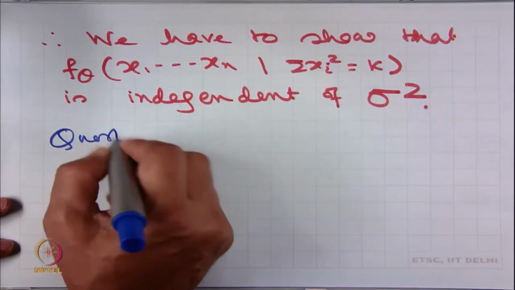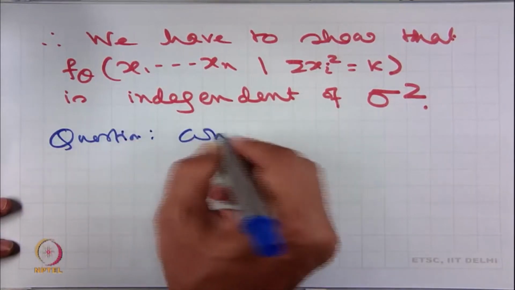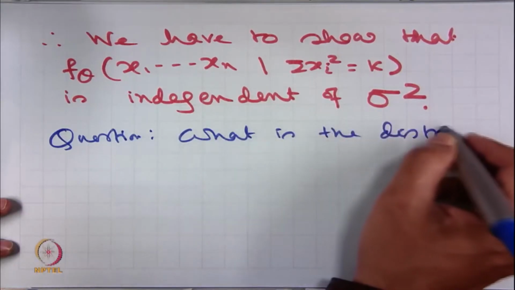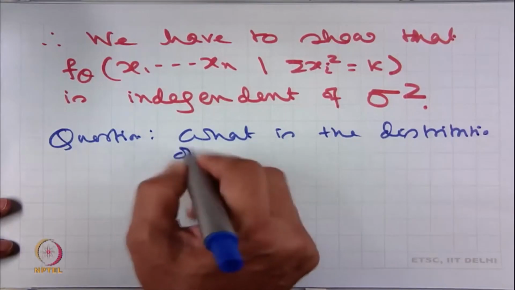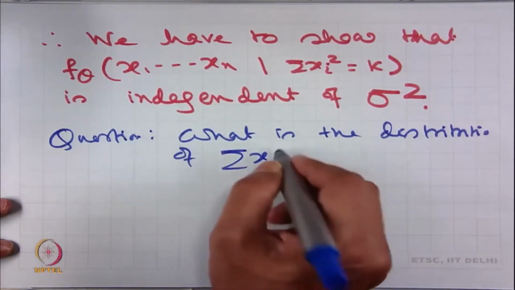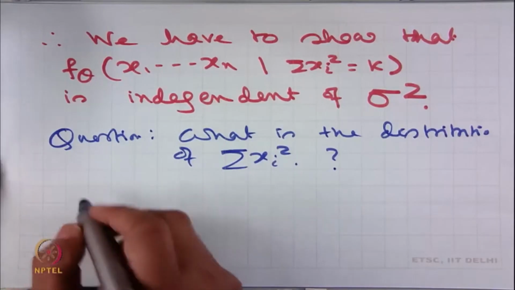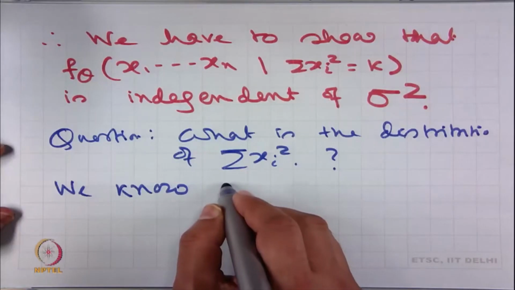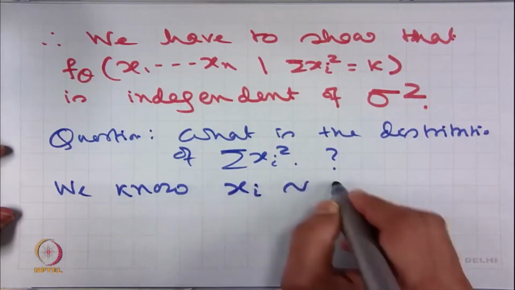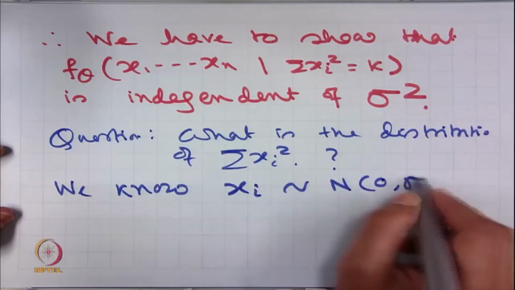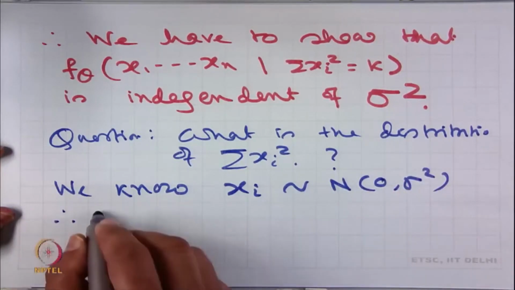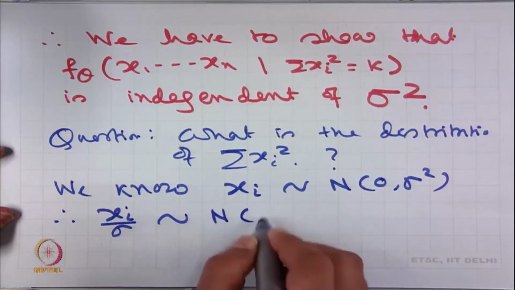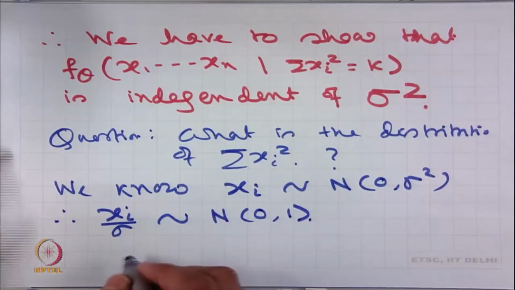Question: what is the distribution of summation xi square? We know xi is normal with 0, sigma square. Therefore, xi upon sigma is normal with 0, 1.